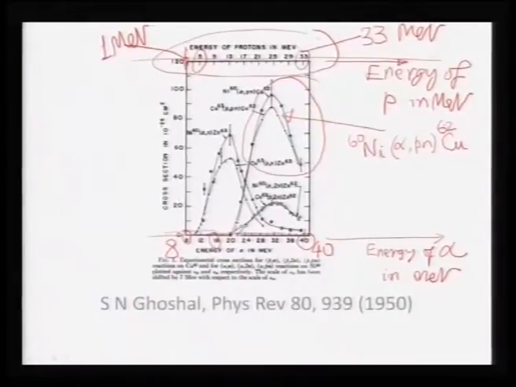That means this 64 zinc is formed by alpha particle reaction on 60 nickel, and the lower one is for copper 63, p n and then copper 62.